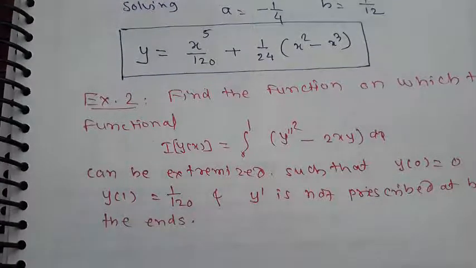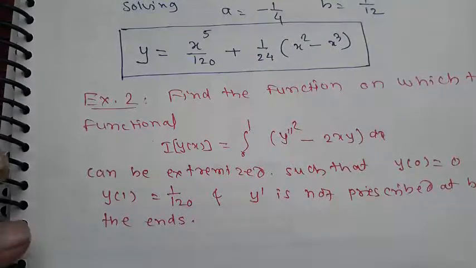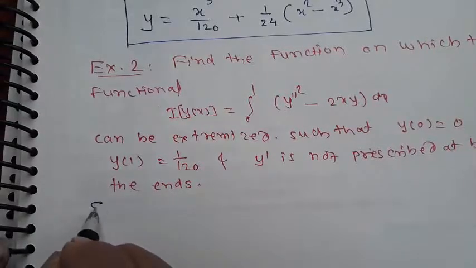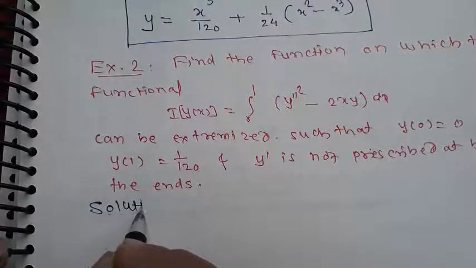What is the difference between the previous problem and this problem? In the previous problem, y dash at one end is not prescribed, and in this problem, y dash is not prescribed at both the ends. Let us see what can be done in this case. Solution.